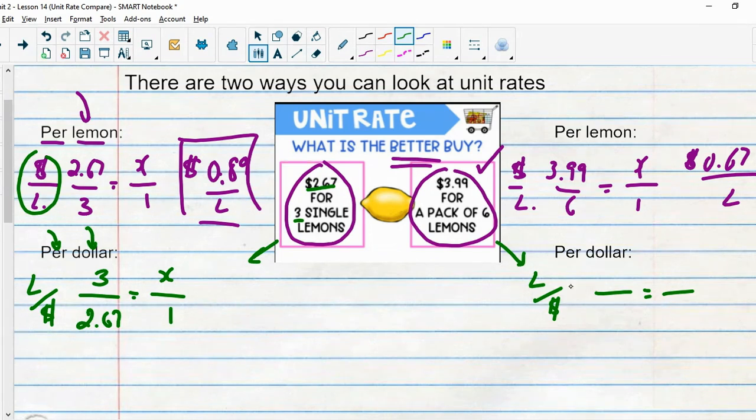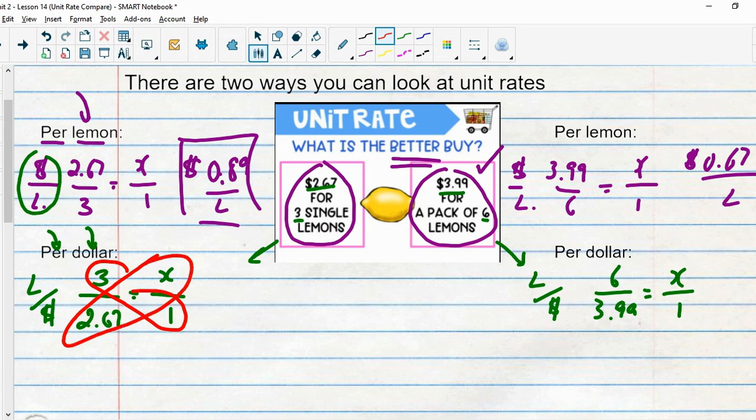Understood? So I'm going to flip this upside down. The other is 6 lemons for $3.99. How much does $1 get me? Let's do the math here. I'm going to cross multiply and divide.